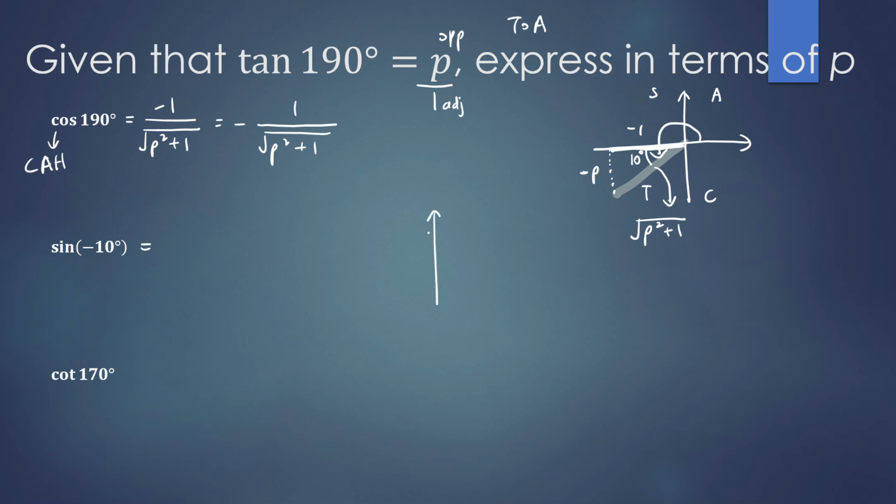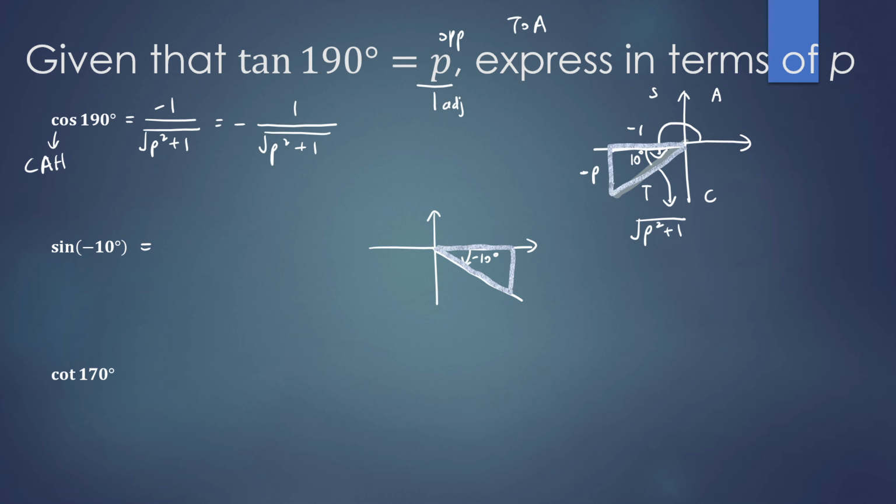So let me draw a new diagram. Negative 10 means that it's a reverse direction, but it's still 10 degrees, which means that the triangle that I drew previously resembles the triangle that I'm going to draw now.